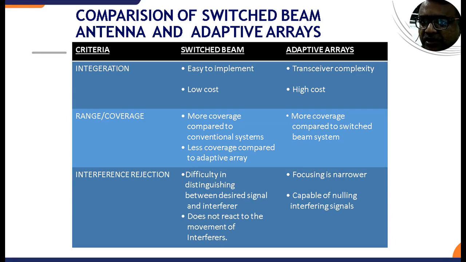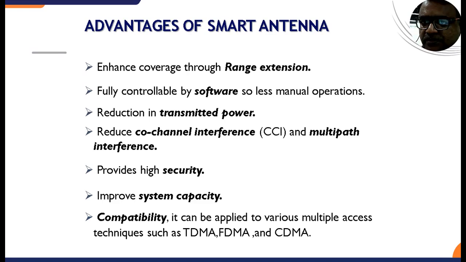In the adaptive array, the coverage is more than the switched beam. Then the next criterion is interference rejection. In the switched beam, there is difficulty in distinguishing between the desired signal and the interference signal, and it does not react to the movement of interference. In adaptive arrays, focusing is narrower, so they are capable of nulling the interfering signals. So it can reject the interference signals.